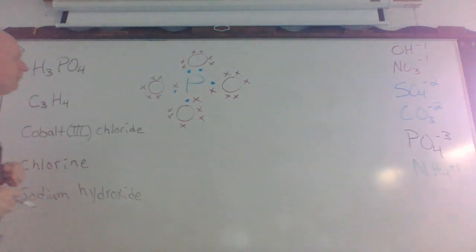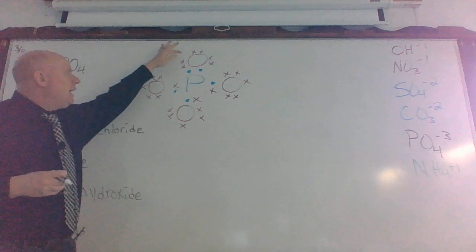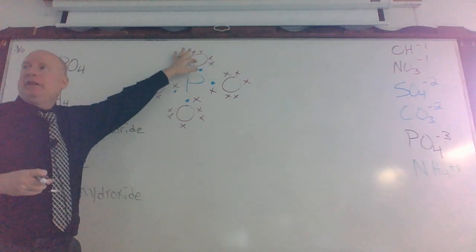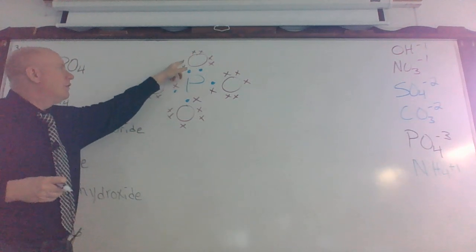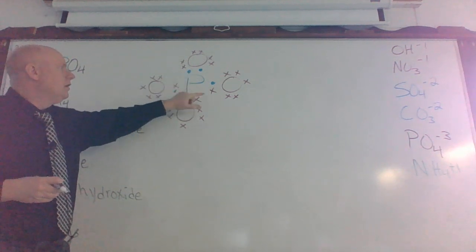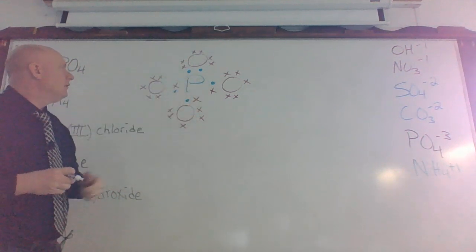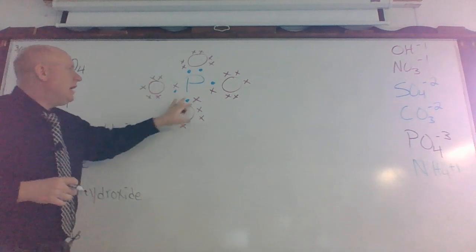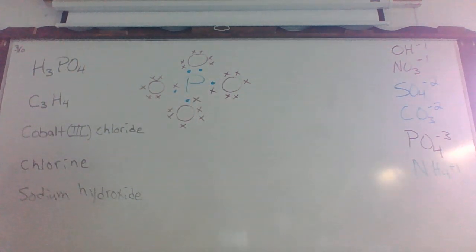Okay? Now, is this oxygen satisfied with 8? Yes, 2, 4, 6, and 8. What about this phosphorus? 2, 4, 6, 8. Okay? But these 3 oxygens, but we got 1 at bat left, right?